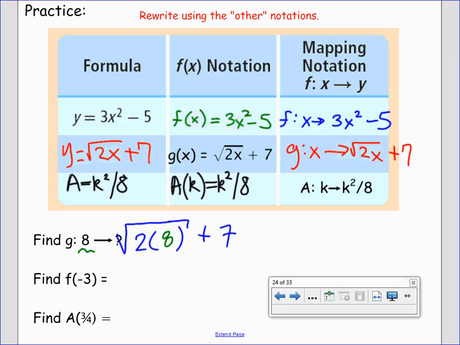So it looks like we'll plug in there. We'll do the 2 times 8 first. Then we'll do the square root second. Square root of 16 reduces to 4. Still have that plus 7, just chilling. And lastly, we'll get 11.